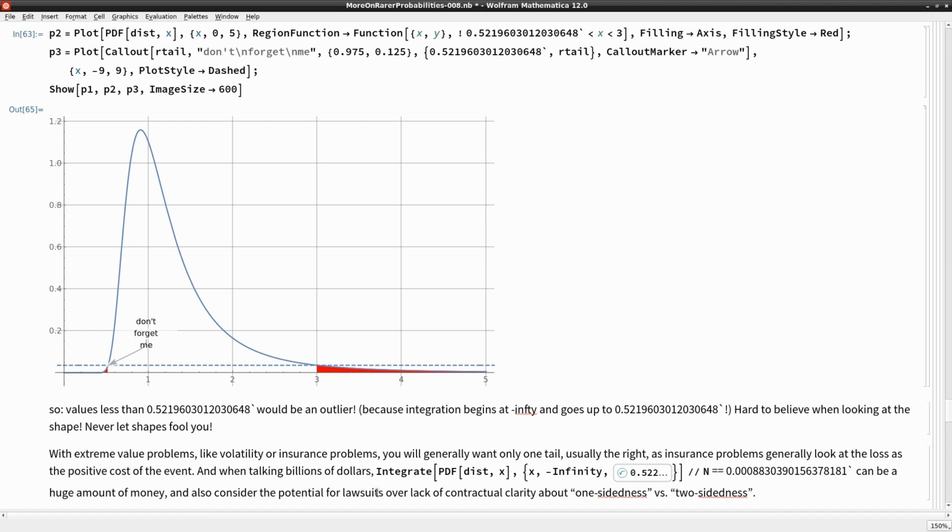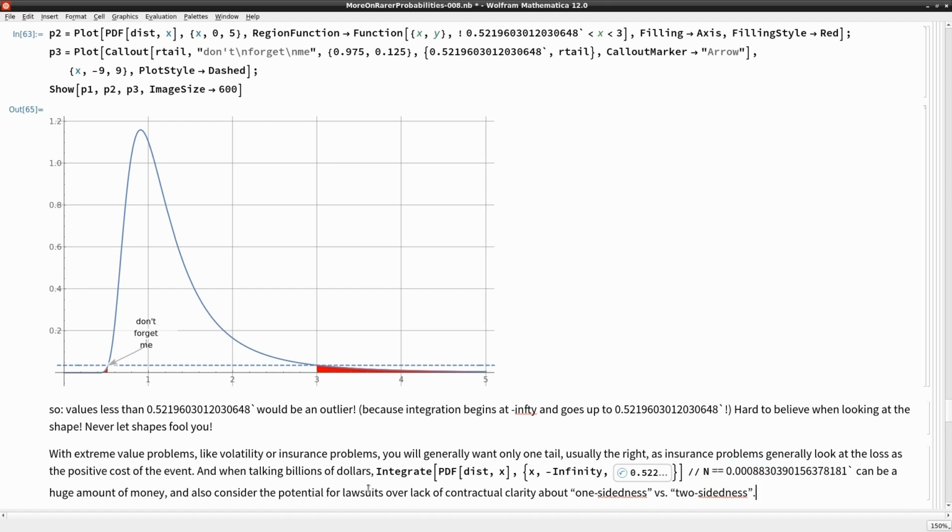And also consider the potential for lawsuits over lack of contractual clarity about one-sidedness versus two-sidedness. It may not look like a big deal, but if you multiply this number with billions of dollars, then you're getting seriously big numbers. Let's just not forget this. This is the rarer probability for this lower limit of 0.522.